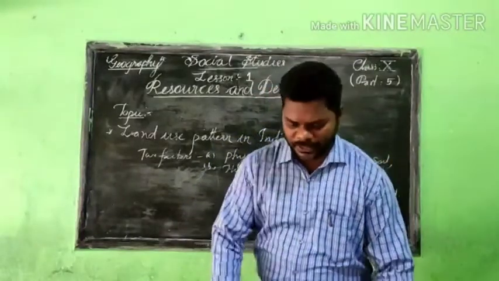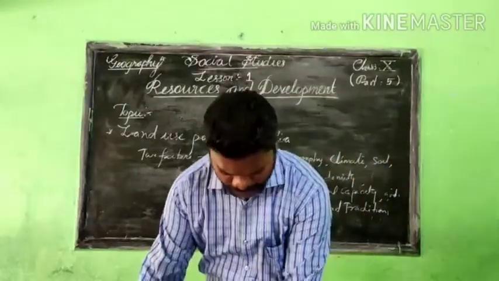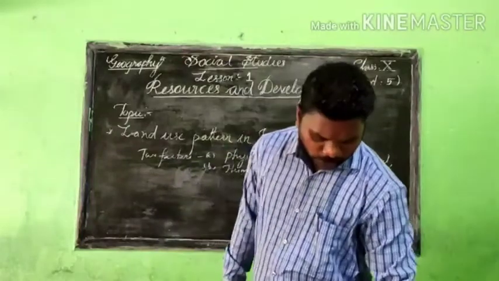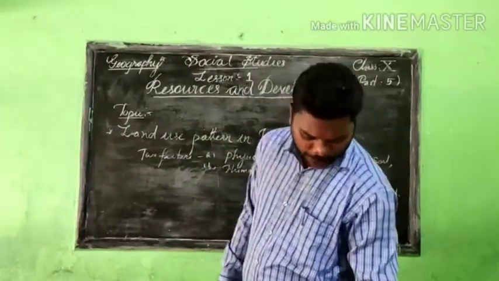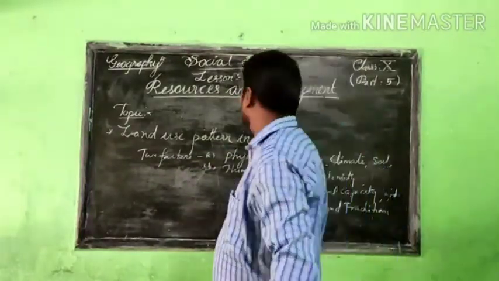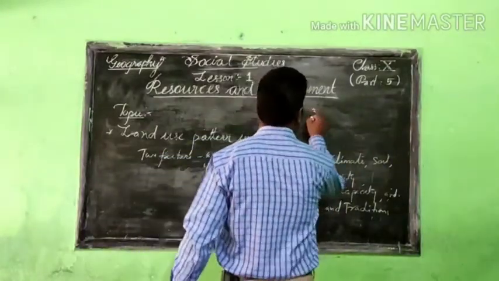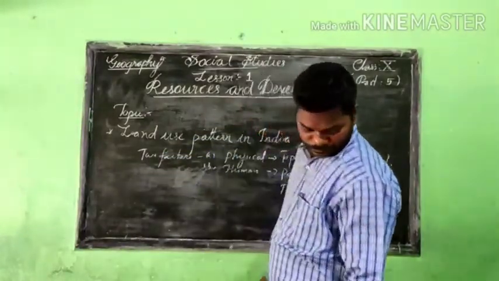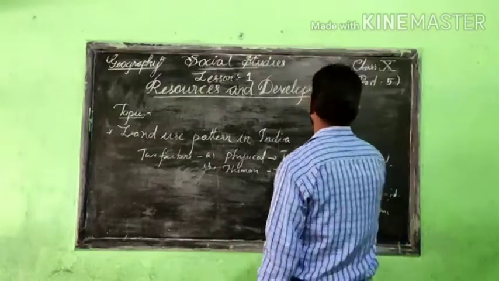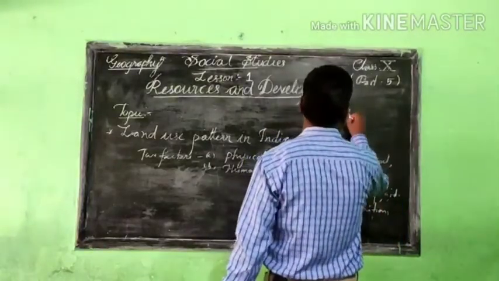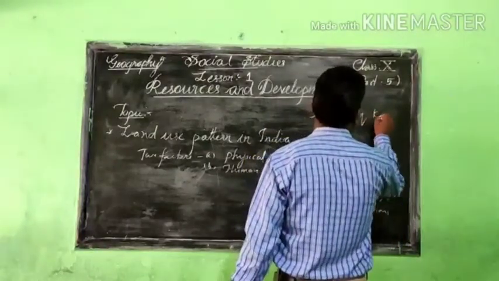Here we are very clearly getting the information that the total geographic area is 3.28 million square kilometers.